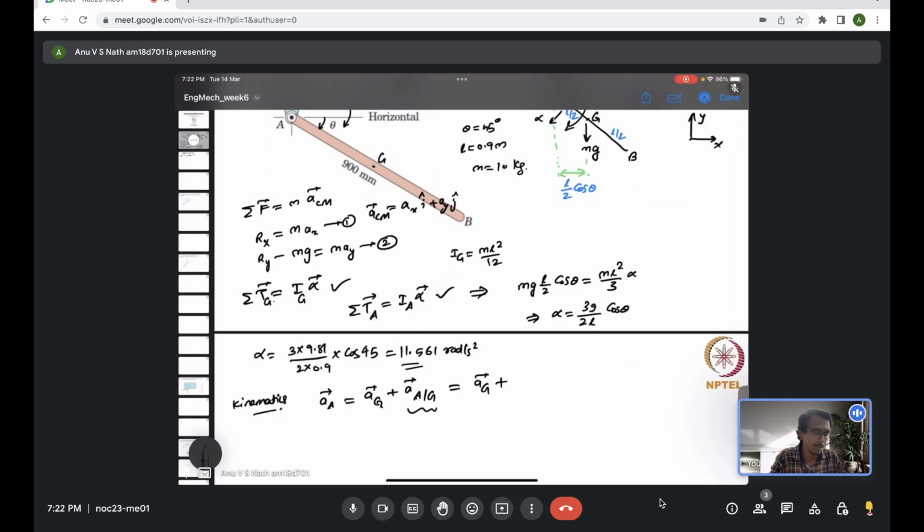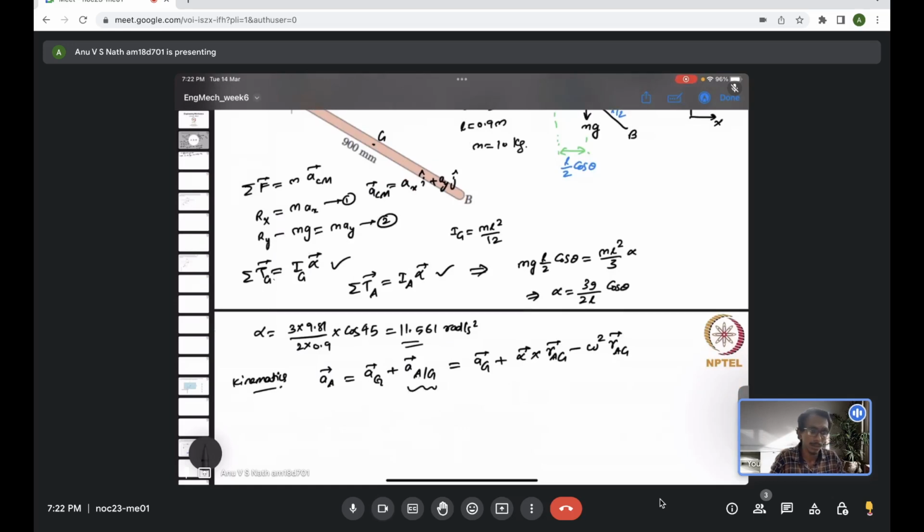The normal component will be a centrifugal acceleration, and the tangential component is due to the angular acceleration. So it will be the alpha vector times the radius vector 2a measured from G, minus the centrifugal acceleration, which is omega square times r_AG, where omega is the angular velocity of the rod.